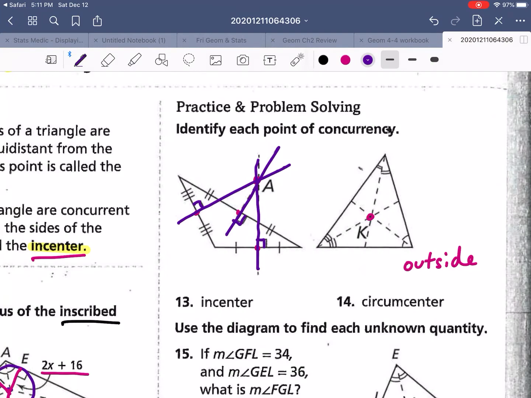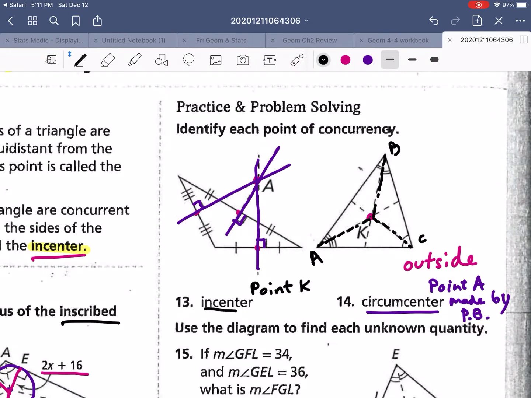So point A would be the circumcenter because it's made by perpendicular bisectors. What about our incenter? Incenters are made by angle bisectors. If this was triangle ABC, angle A was cut in half, B and C were cut in half. So point K would be an incenter because it's made by angle bisectors.